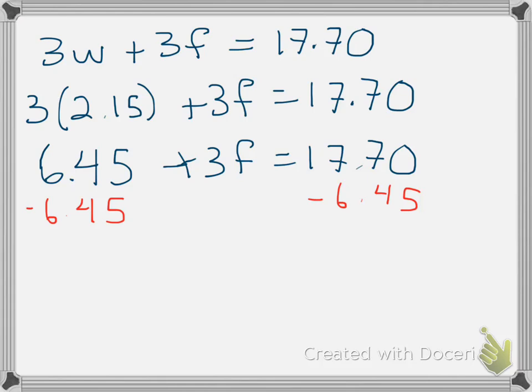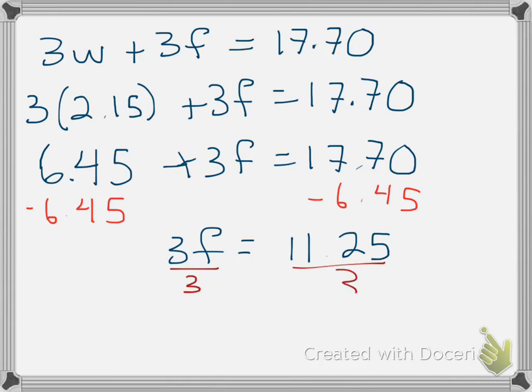So 3F equals $17.70 minus $6.45, and that's going to give us $11.25. And then last but not least, you're trying to solve for F, so I'm going to divide both sides by 3.